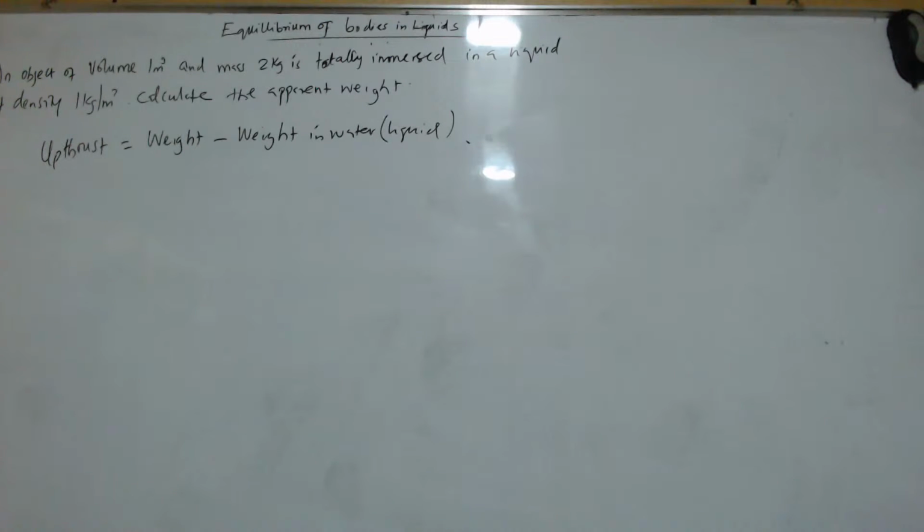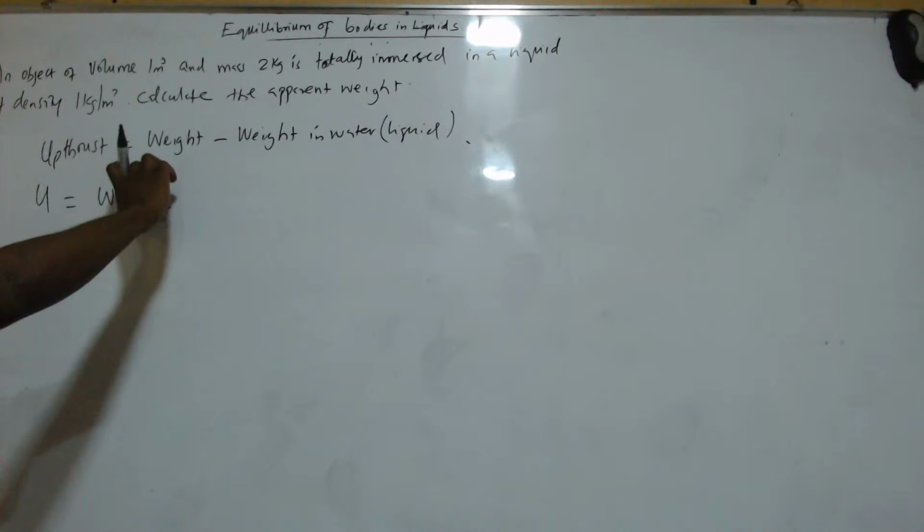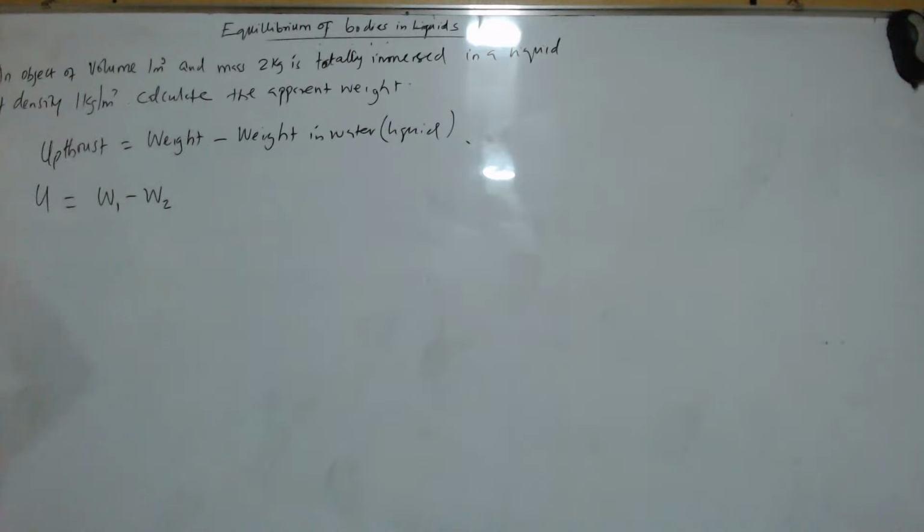We need to calculate the upthrust because the body was fully immersed. So upthrust will be W1 minus W2. This is the apparent weight. That is what we are looking for. They say you should calculate the apparent weight.